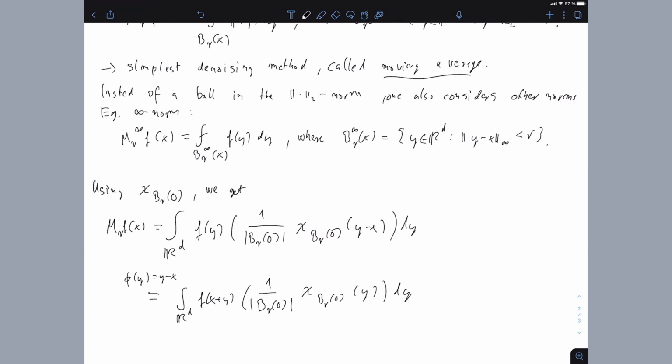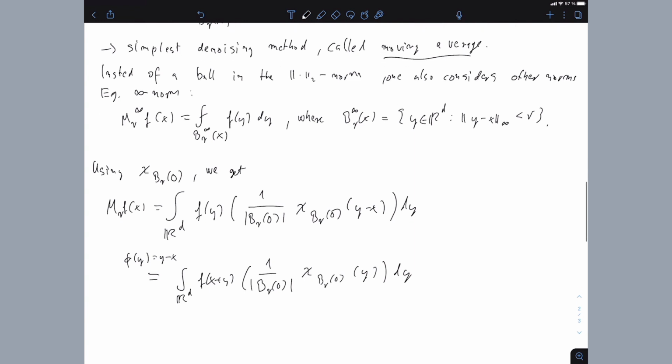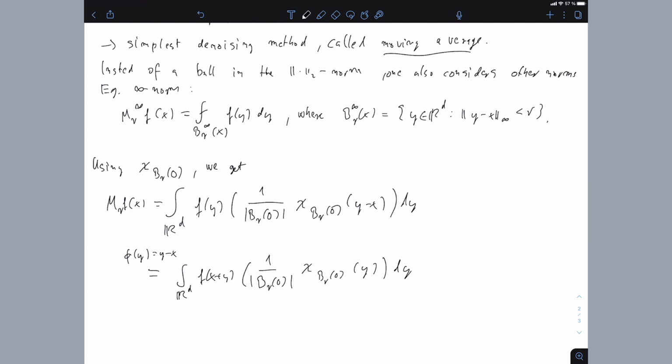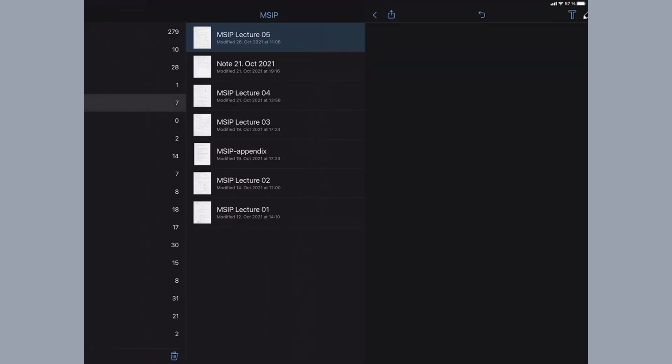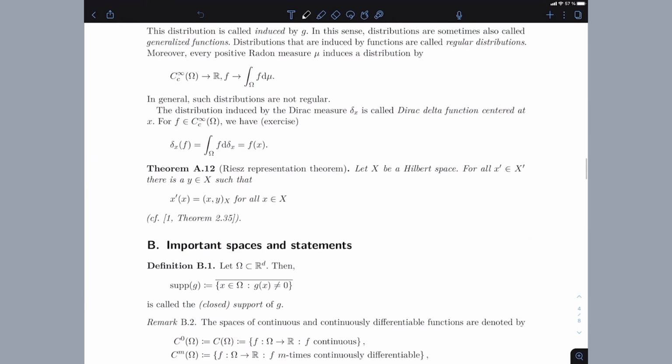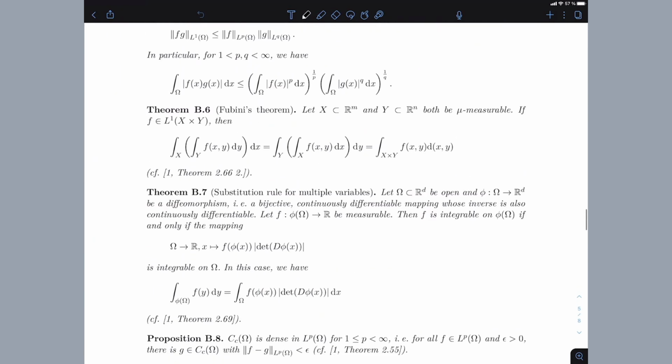Is everybody familiar with how to change variables in integrals with more than one dimension? If you're not, say no, otherwise I assume yes. It's the substitution rule for multiple dimensions. I put this into the appendix. Probably we just have a very brief look, just to remind.